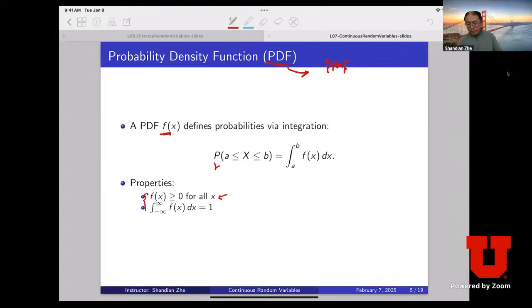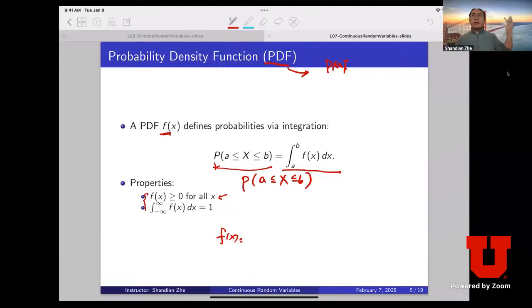If we have such a function f, which is non-negative and integrates to 1 over the whole domain, and the probability of the event A less than or equal to X less than or equal to B can be calculated by the integration of this function over the range A to B, then we call f the probability density function.